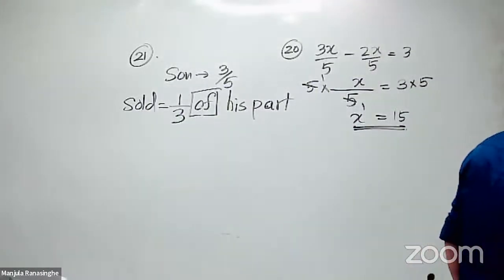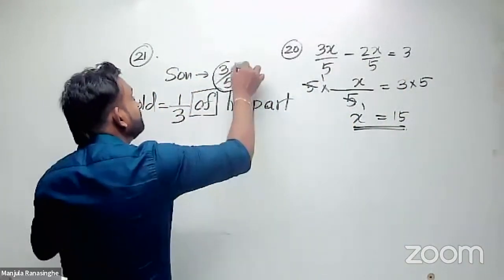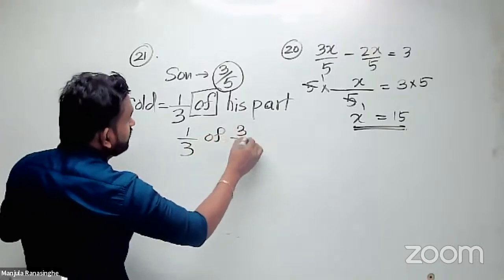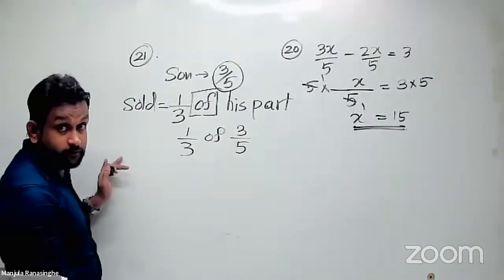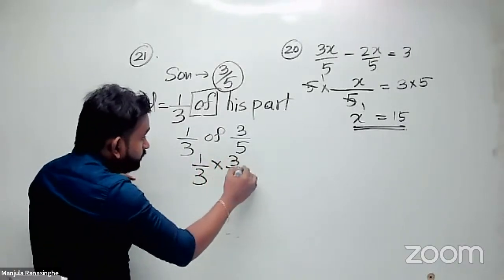So what is his part? His part, from the total land, is 3/5. Now substitute: 1/3 of his part, which is 3/5. In maths, what does of mean? Of means multiplication.